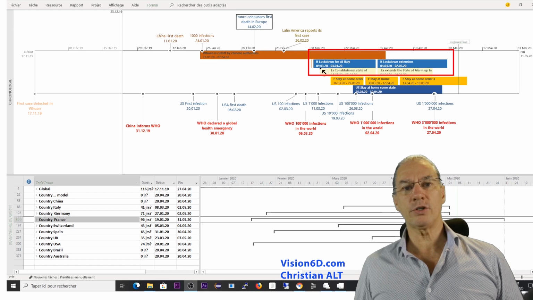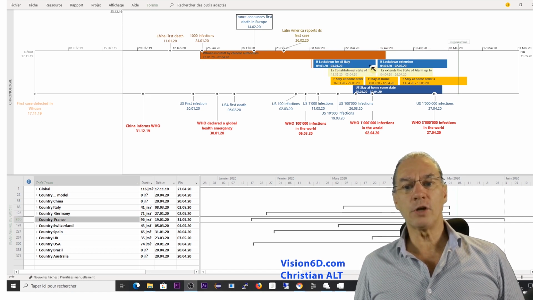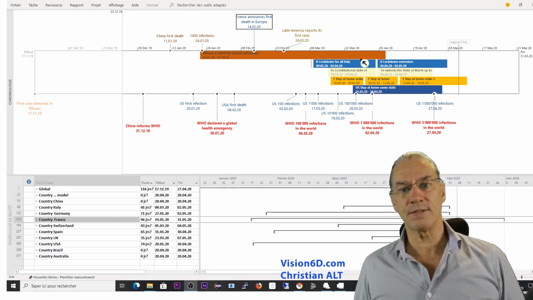The 9th of March, it was so severe in Italy that the authorities there decided to lock down Italy. First lockdown followed by a second prolongation. In Hubei, China, the lockdown lasted 76 days. In Europe, we tend to have lockdowns of several times of 30 days.